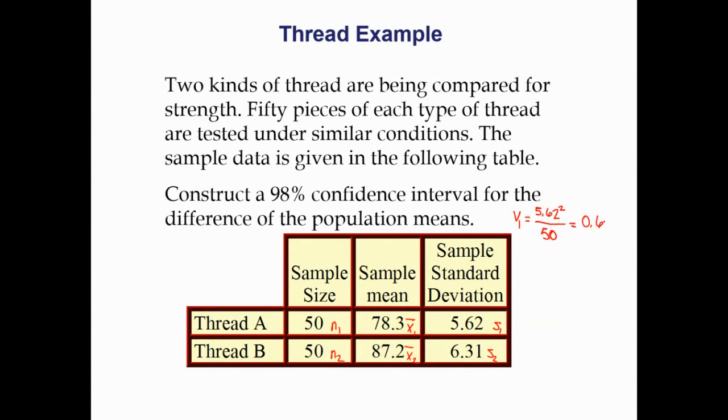That's right, 0.632. So there's V1. V2, that means 6.31 squared divided by N2, which is also 50. So if we do that one to 3 decimal places, 0.796.